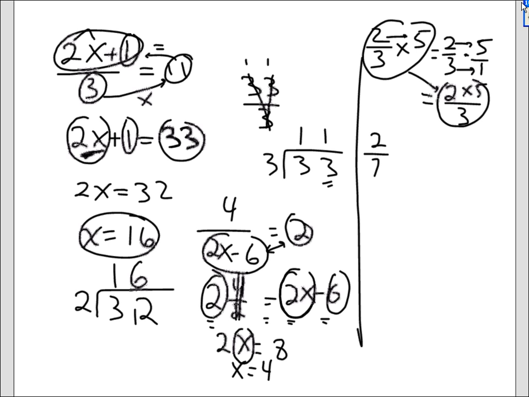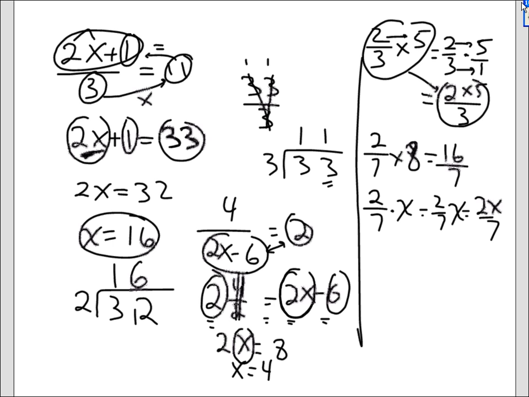You have 2 over 7 times 8, which is 2 times 8, 16 over the 7. In particular, you have 2 over 7 times x, which you would probably just see this way. This means 2x over 7. And we're going to solve problems where we're going to have to use that fact.